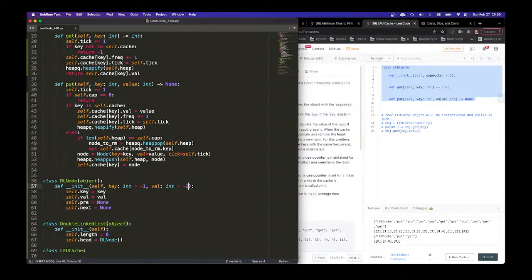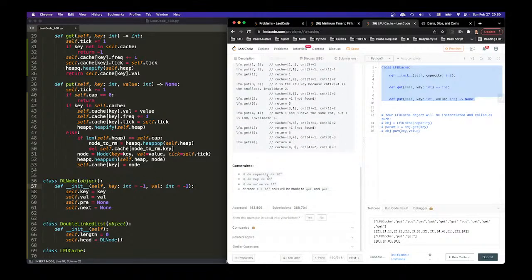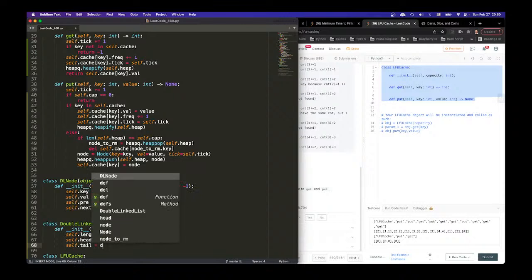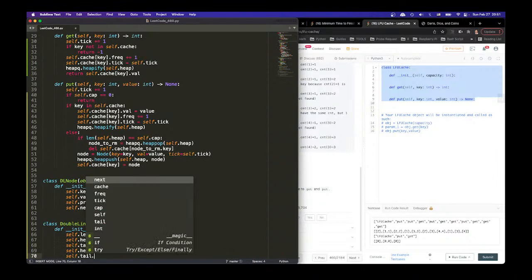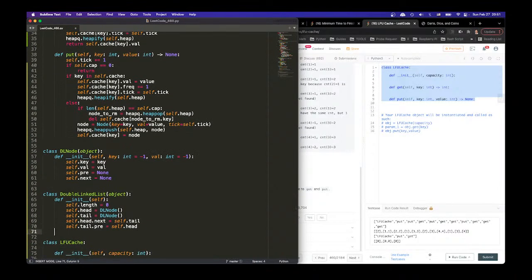Let's make sure that these values will not be set. Key is 0, that's fine. So that's the head and self.tail, head and tail, right? And everything will be inserted between them. That was the trick. Self.head.next equals self.tail, and self.tail.pre equals self.head, right? So that's initializing.